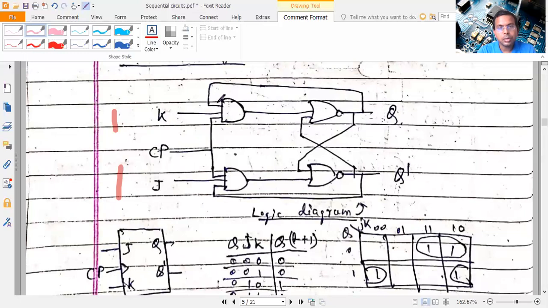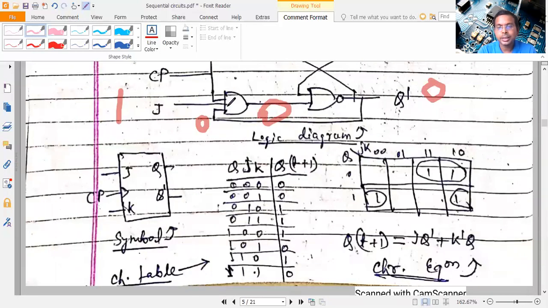If suppose one input is 1 and this is 0 previously, this 1 will come here and 0 will come here. Only one 1 will be transferred here, the other 0 will be transferred here. So irrespective of 1 1, here we are getting 1 0. So both 1 will never occur. That's why it simplifies the SR flip-flop, which has an indeterminate case.